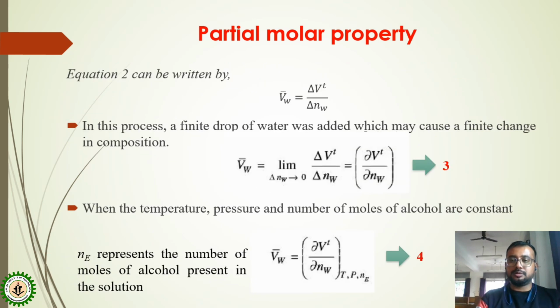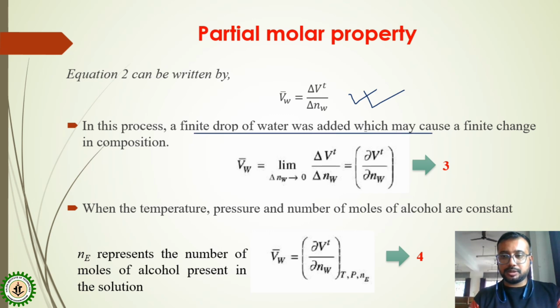So the last equation can be rewritten as VW bar is equal to delta VT by delta NW. Now, if we add a finite drop of water into the solution, a finite change in composition may arise, that is, the limit delta NW tends to 0.